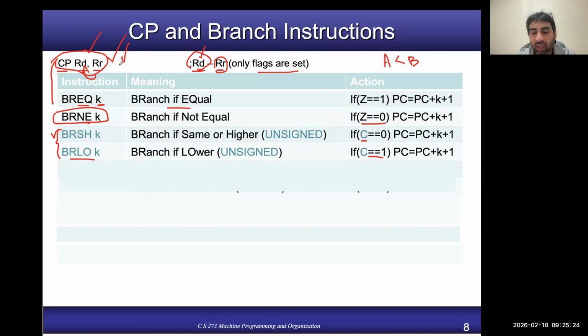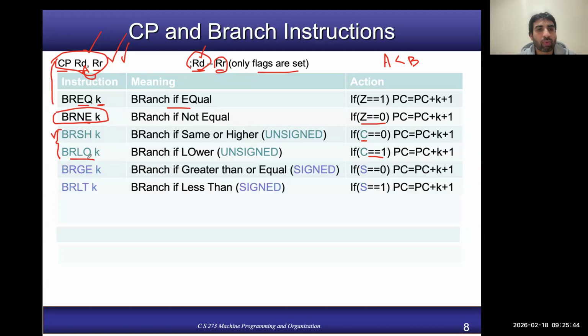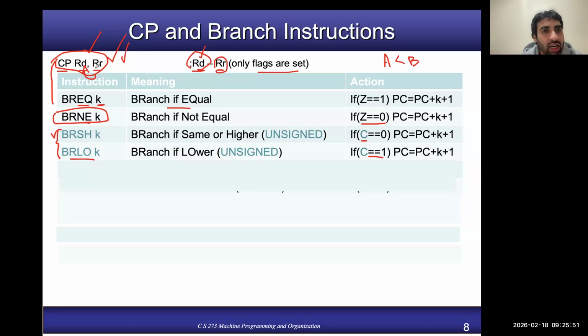When you use BRSH and BRLO, you are telling the microcontroller to treat those numbers which you have subtracted as unsigned numbers, and then based on the result, take the jump.